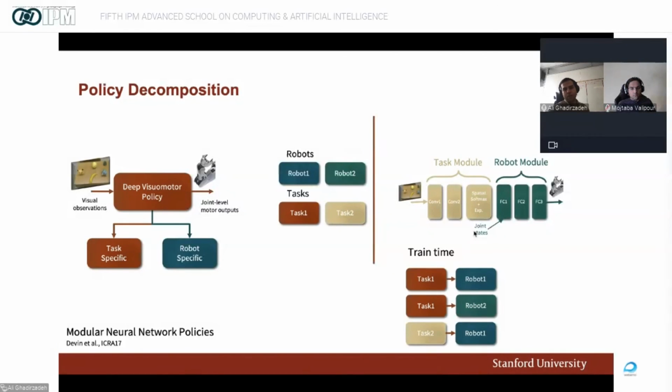At train time, the idea is that we want to train different combinations of tasks with different combinations of robots. At test time, we want to test on a held-out combination. So here, task 2 and robot 2 have never been seen during training. We want to see how we can adapt to a novel configuration, never seen before.